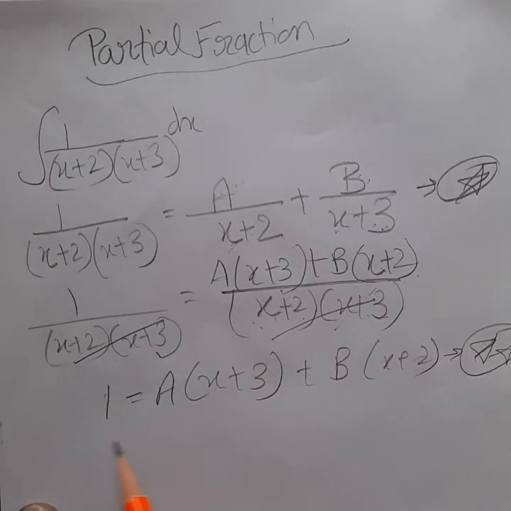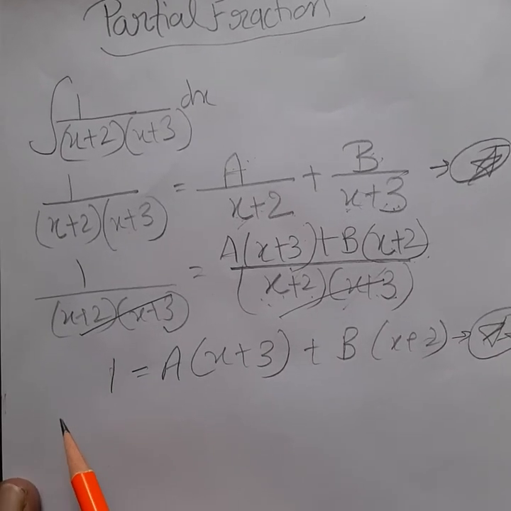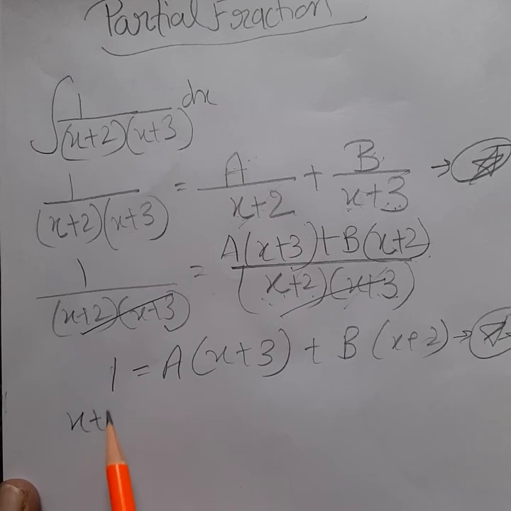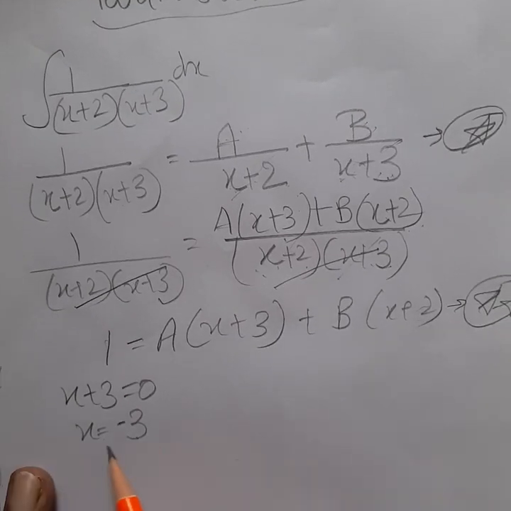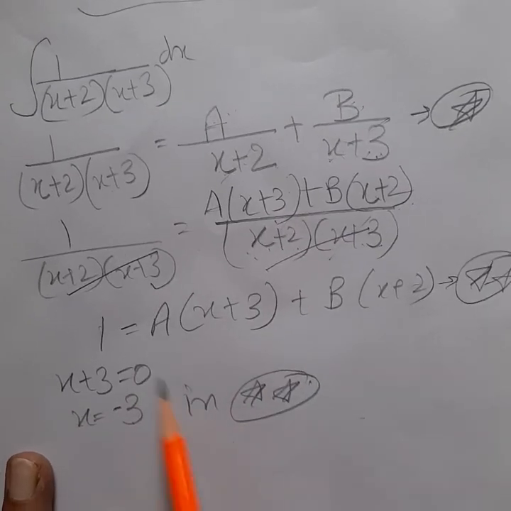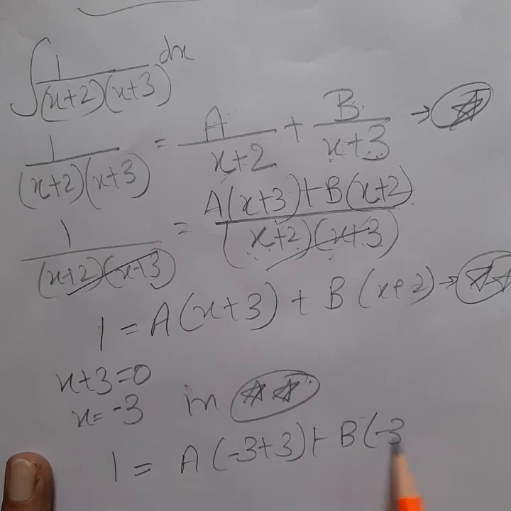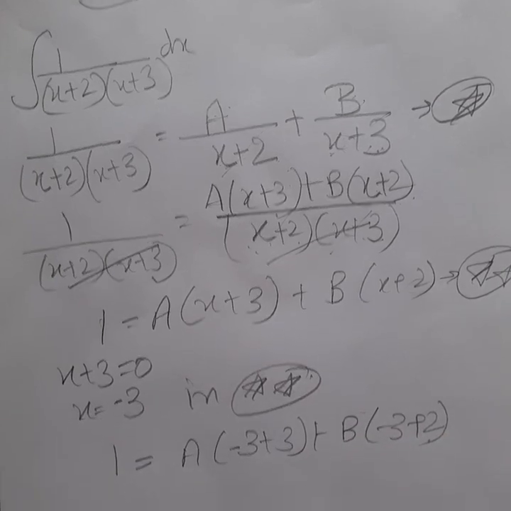Now the next step: we put x plus 3 equal to 0, then we get x equal to minus 3. We put this value of x in the double star equation, and we have 1 equals a(minus 3 plus 3) plus b(minus 3 plus 2).